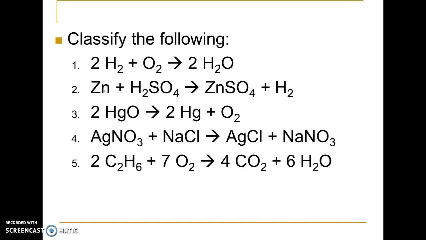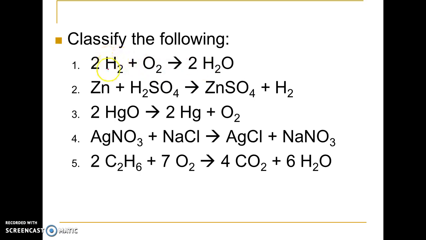So now that we know the different types of chemical reactions, let's take a look at a couple of these. For number 1, we have hydrogen plus oxygen yields water. So the very first thing I'm going to do is decide how many reactants and how many products I have, to do a process of elimination to decide what type of chemical reaction this is.